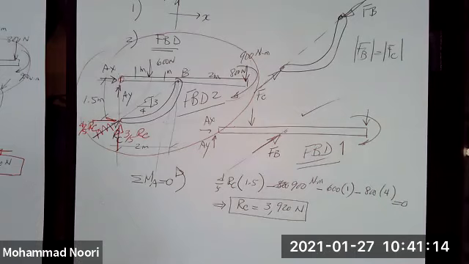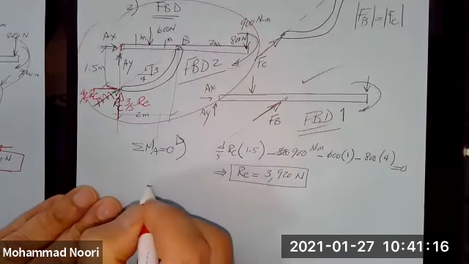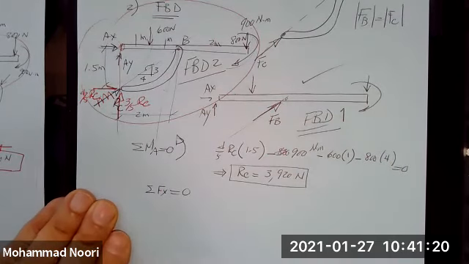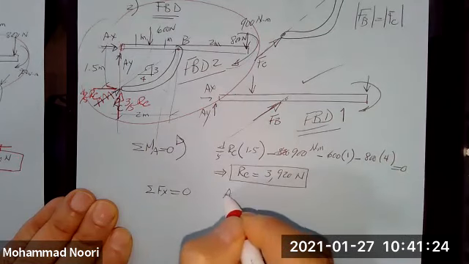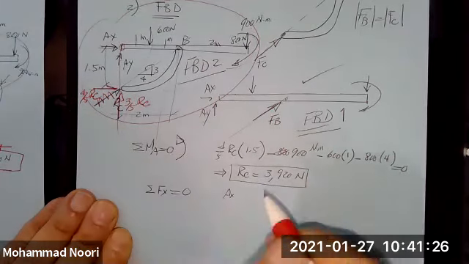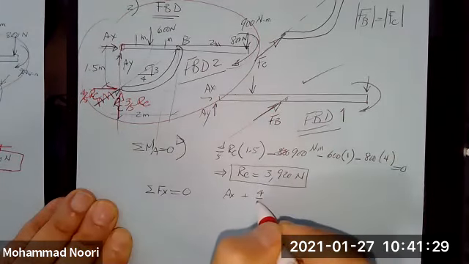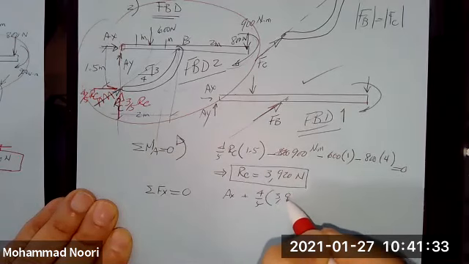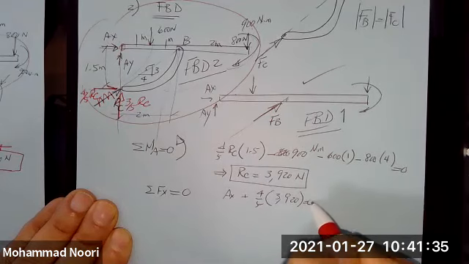All right. So now you write summation of forces along X equal to 0. And that will give you AX plus 4/5 of RC, which is 3,920, equal to 0.